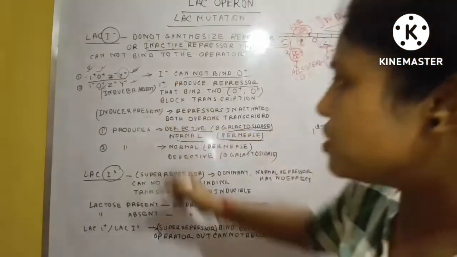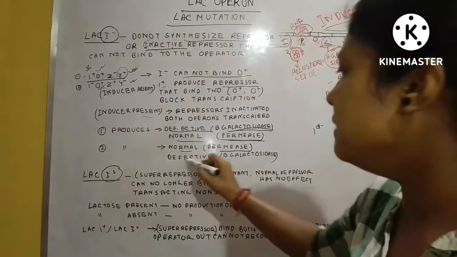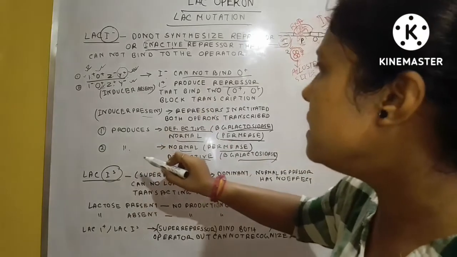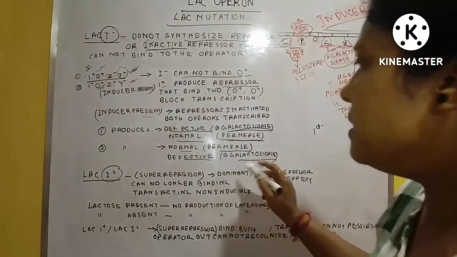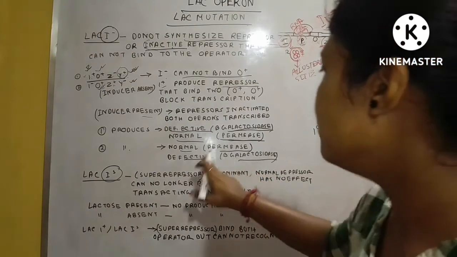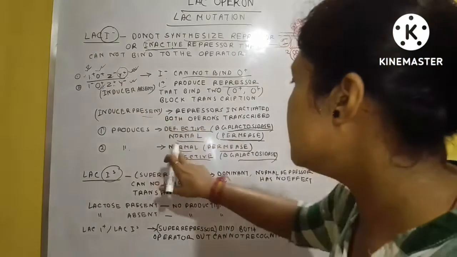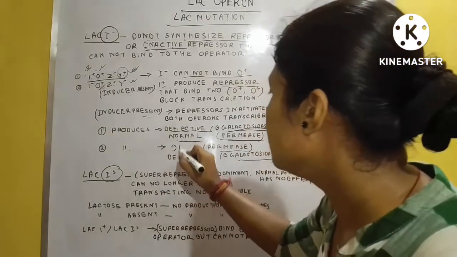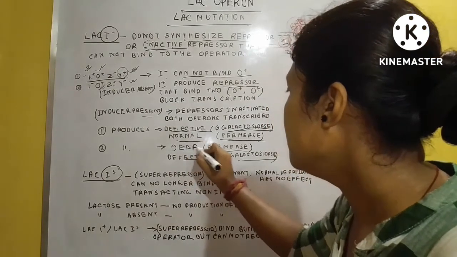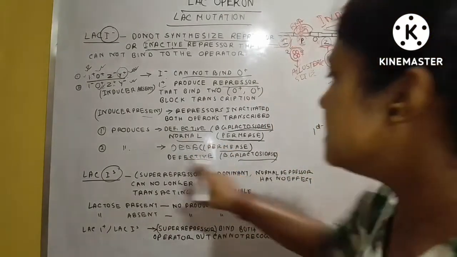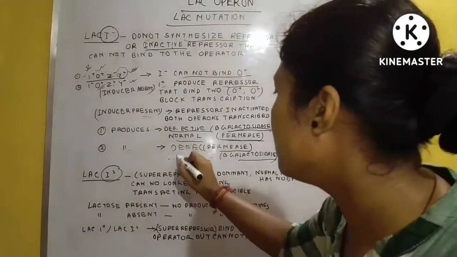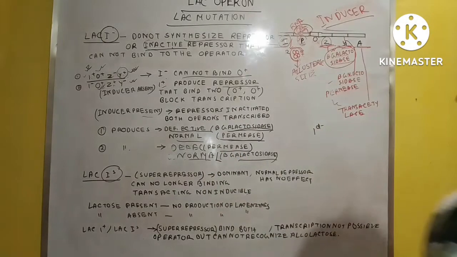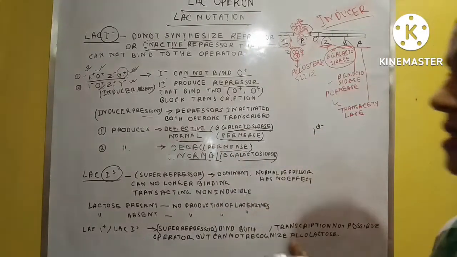In the second situation, the beta galactosidase is normal and the permease is defective. I have written it wrong, I think. In cell number 2, the defective one is the permease, and the beta galactosidase is normal.